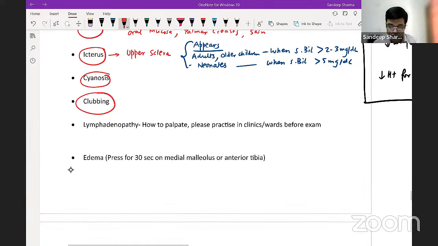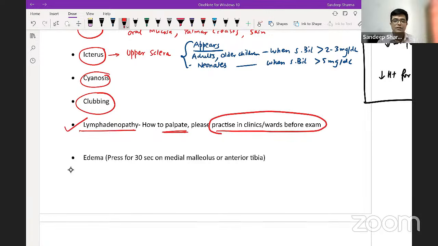Then we check for lymphadenopathy. Very, very important, difficult thing. How to palpate the various types of lymph nodes, you need to practice in the clinics and wards before the exam. From where you start, what are the areas, how do you check for axillary, anterior axillary, posterior axillary. When you are checking for anterior axillary and central axillary, you are sitting in the front.